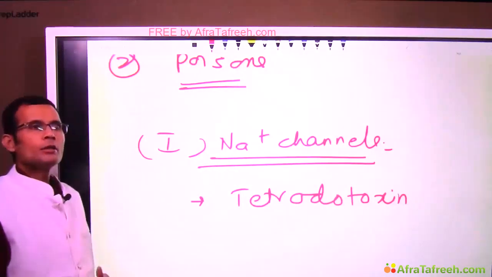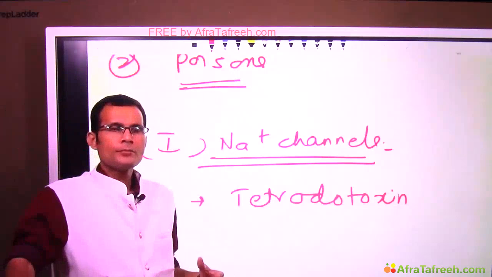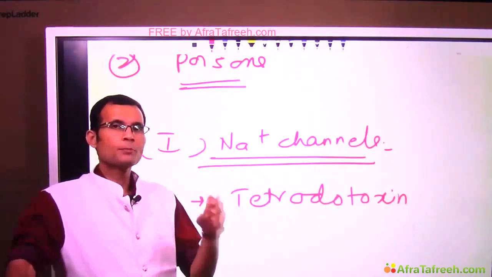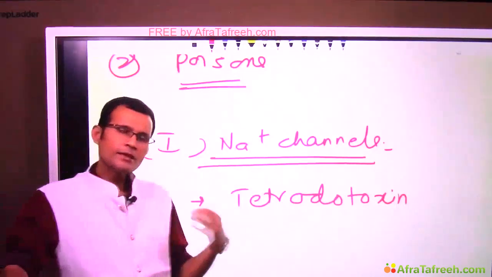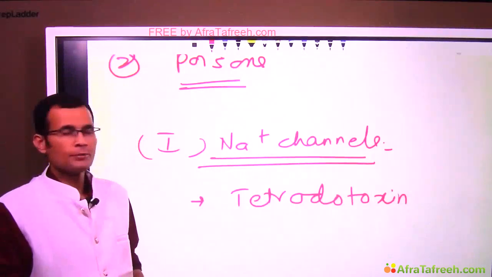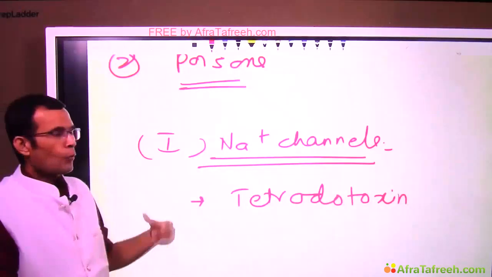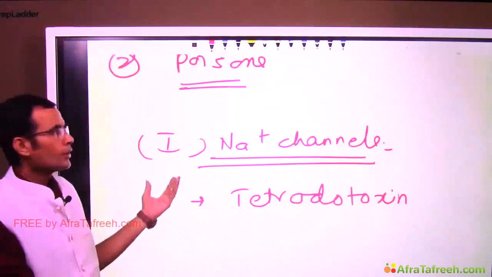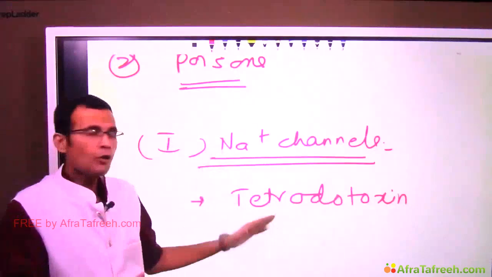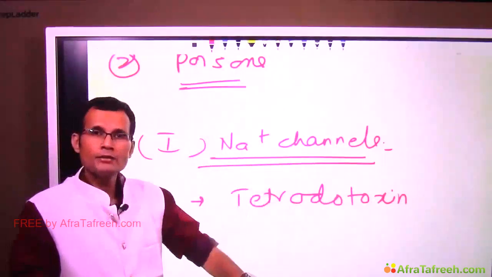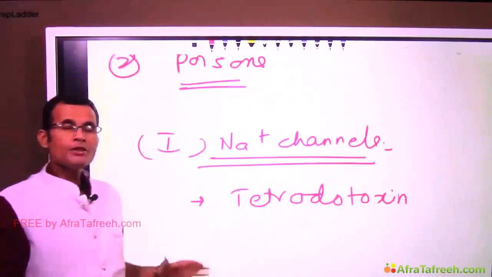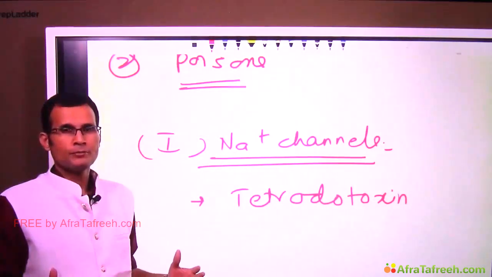You know, tetrodotoxin is found in a variety of fish called puffer fish, and some delicacies are also made from that puffer fish, but it's a very strong nerve poison, because when the tetrodotoxin is given, within several minutes there is going to be blockade of voltage gated sodium channels in the nerve membranes, which means there would not be generation of action potentials possible.